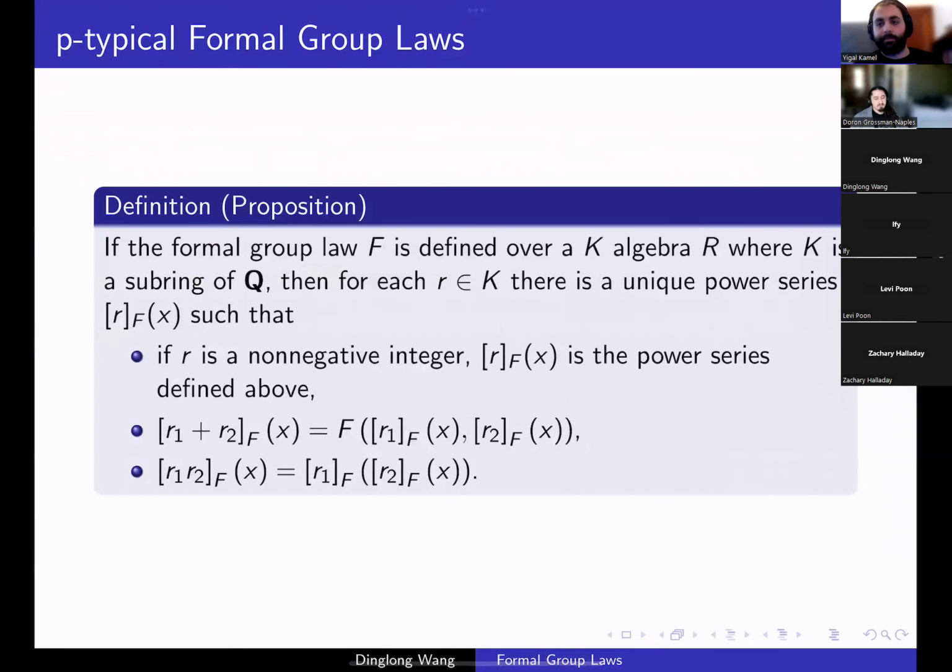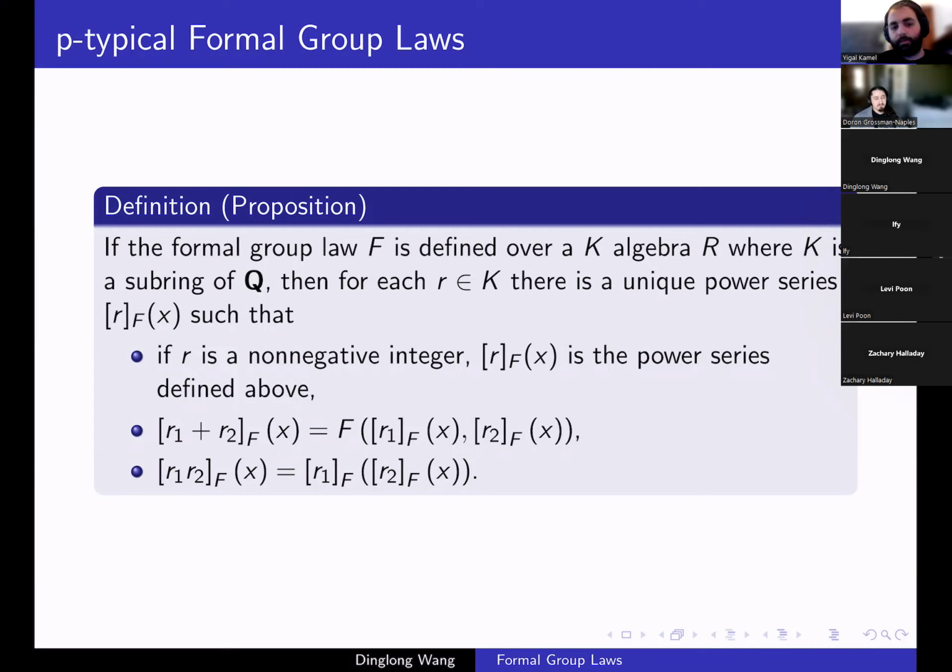Here's a definition. If we have a ring K which is a subring of the rational numbers, then for each r in K there's a unique power series defined in the following way. First, if r is a non-negative integer, then it is the power series defined before.